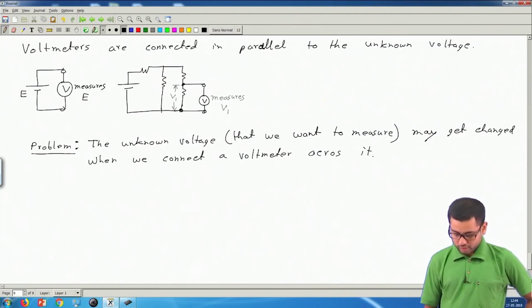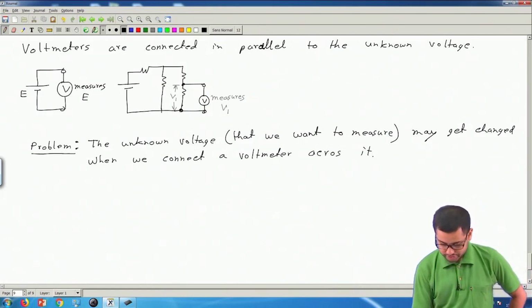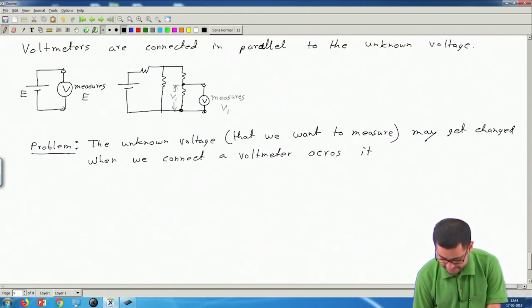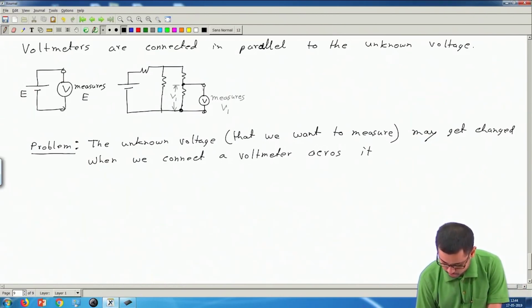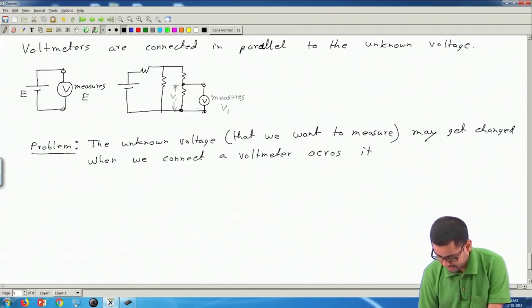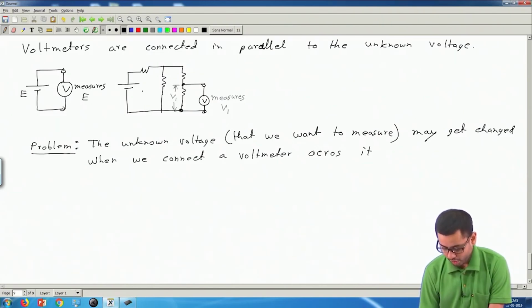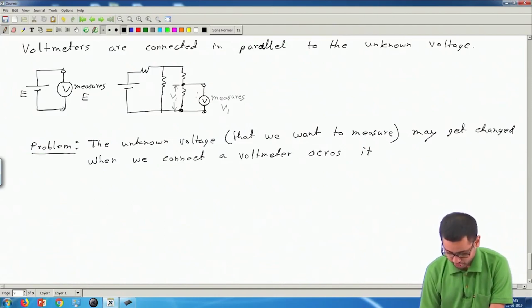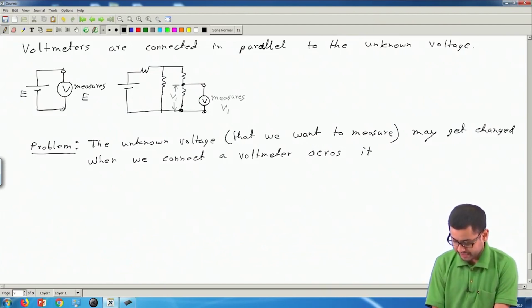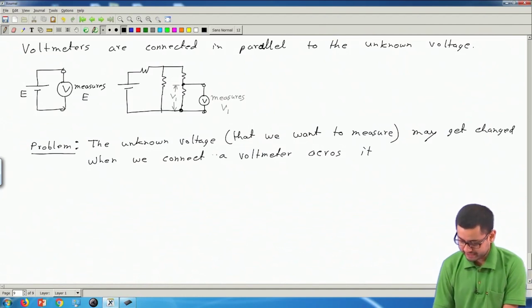Why is that so? Because the voltmeter has some internal resistance, therefore in this circuit some current will now flow through the voltmeter as well, which was not flowing previously when the voltmeter was not there. Now some extra current is flowing, so the circuit is changed because of this voltmeter, and therefore this voltage may change when you connect a voltmeter.